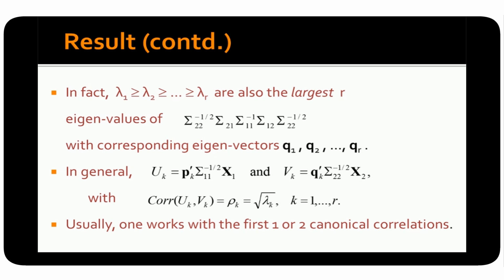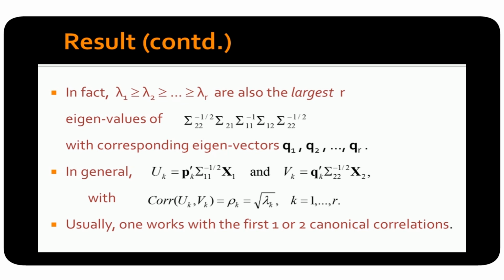So, lambda 1 basically gives us the first canonical correlation. This is the largest eigenvalue from the given matrix which we have just described. And what are P1, Q1? First of all, P1. P1 is the eigenvector corresponding to this eigenvalue lambda 1 obtained from the given matrix.